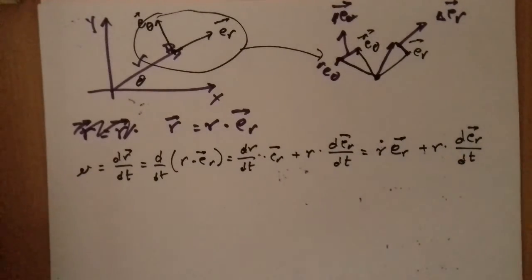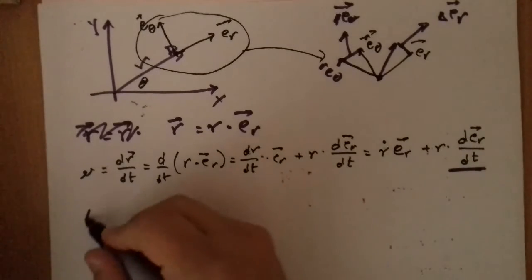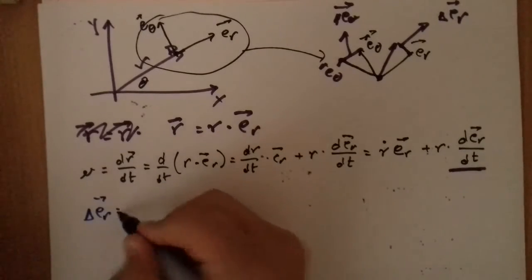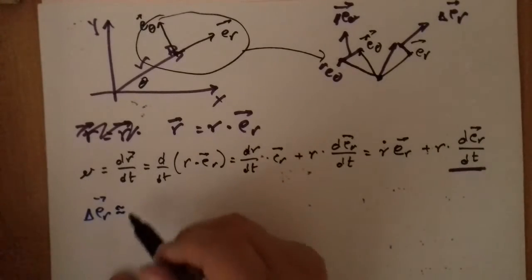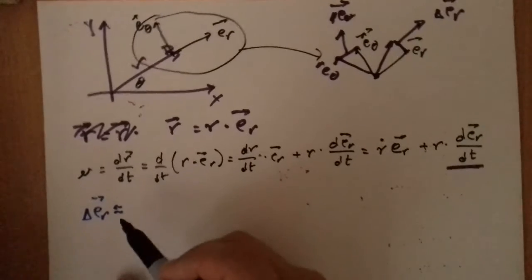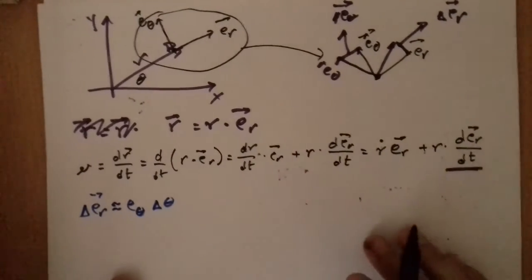But we have to find this one. What is this one? We can find that delta e r is approximately equal to e theta delta theta.